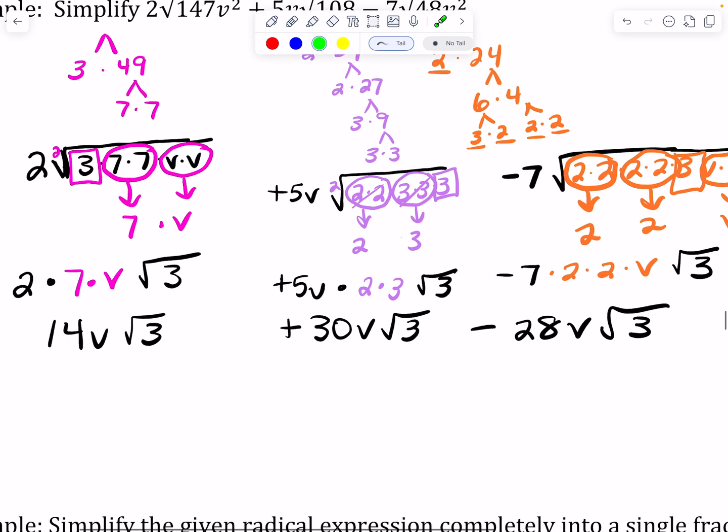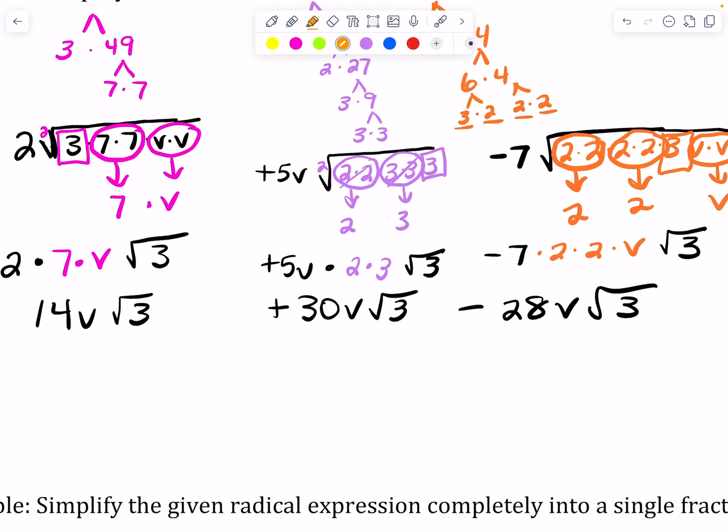So now we need to look for like terms. So we have the square root of 3, the square root of 3, and the square root of 3. So all 3 of our terms have the same square root of 3. And then we need to look at what's in front of them.